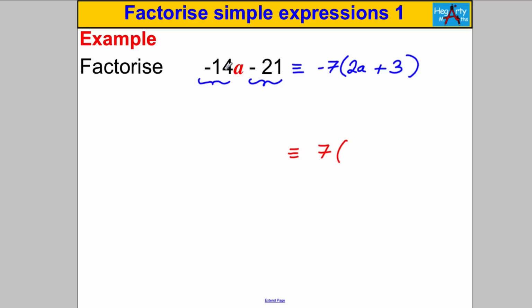If I had taken out the 7, I would have had negative 2a, negative 3 in the brackets. So that, I suppose, is allowed, but it's just neater to take out the negative factor and the 7 because that's just more helpful to keep this bracket nice and tidy. Alright?